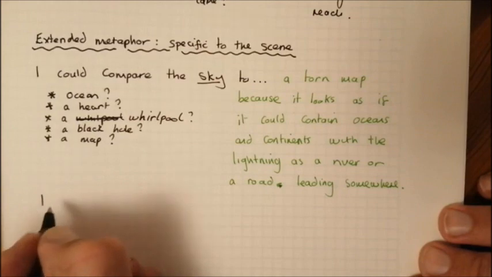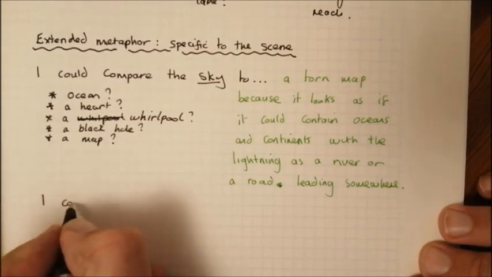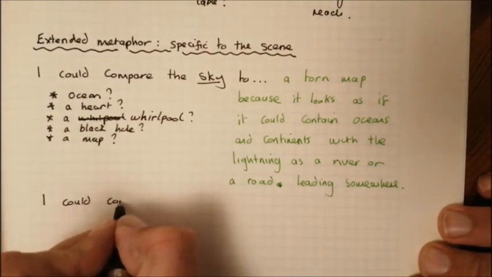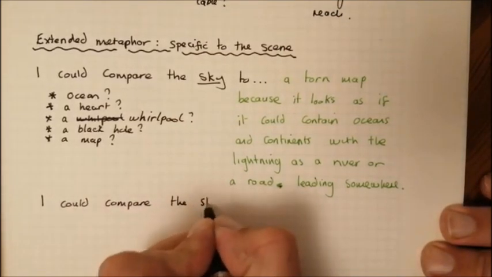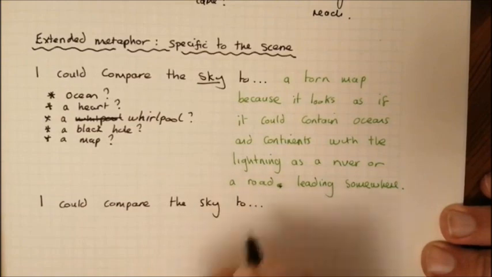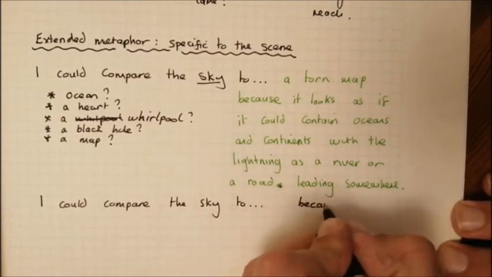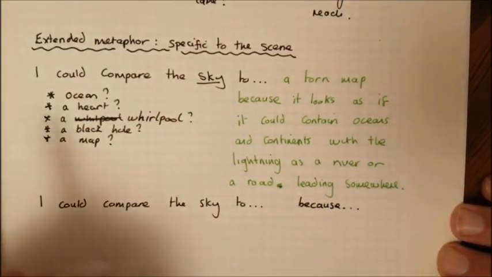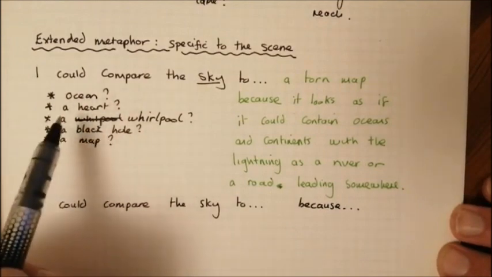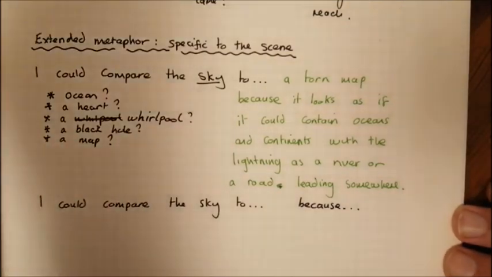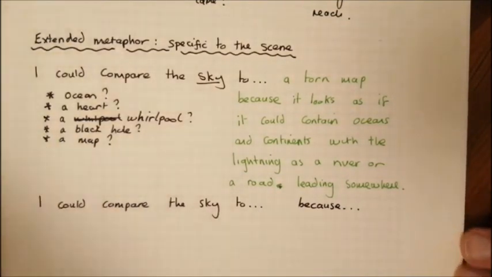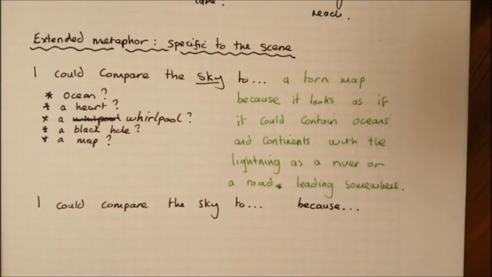So I want you to complete this sentence: I could compare the sky to, and I want you to tell me why. You can take any of these ideas, an ocean, a heart, a whirlpool, a black hole, whatever, or come up with your own better one. Okay. So take a minute to do that, put it on pause, and do your writing.